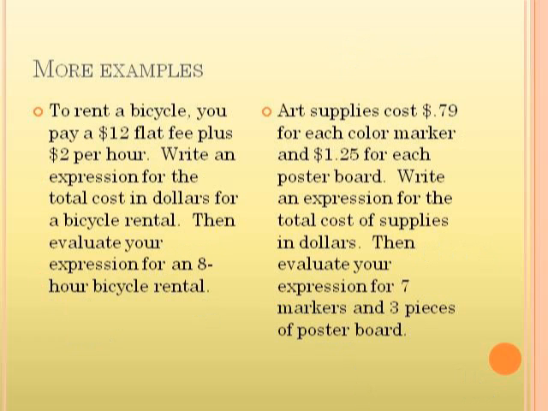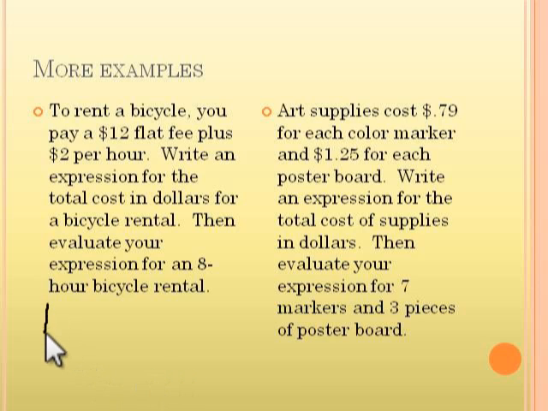Our final slide is a couple more examples, and these are within the realms of what you normally call a word problem. So let's take a look at them. To rent a bicycle, you pay a $12 flat fee, plus you pay $2 per hour. Write an expression for the total cost in dollars for a bicycle rental. So let's think about that.